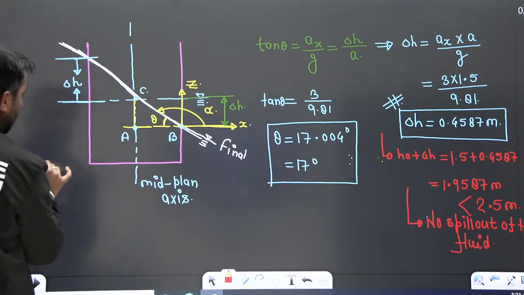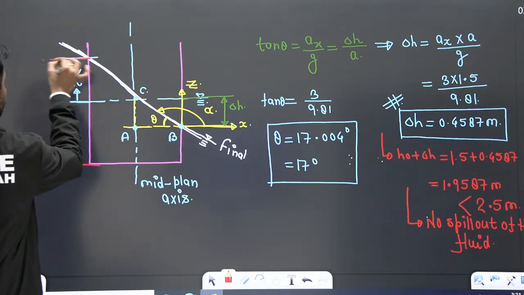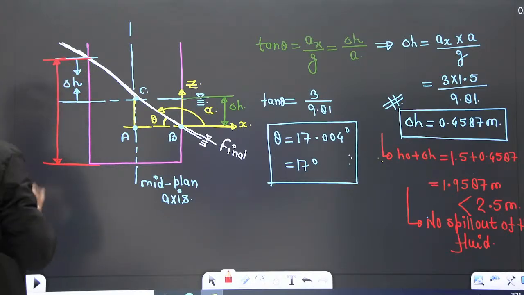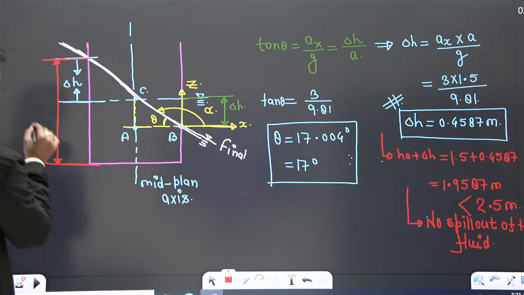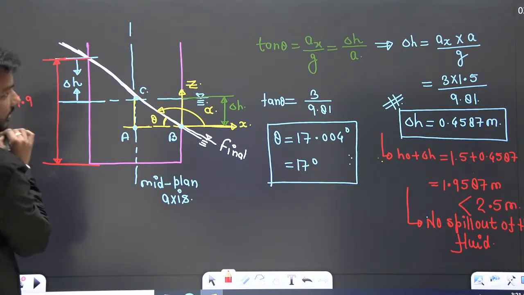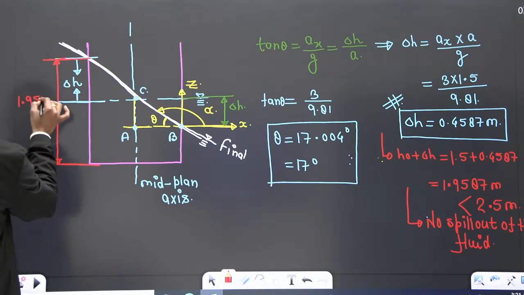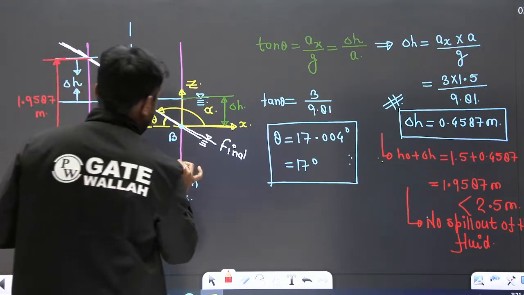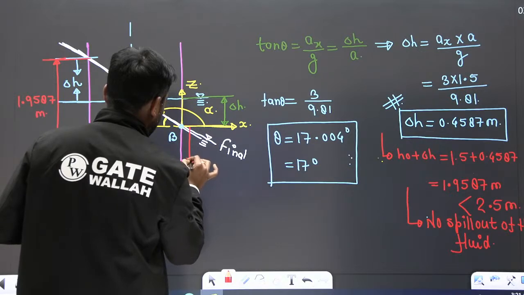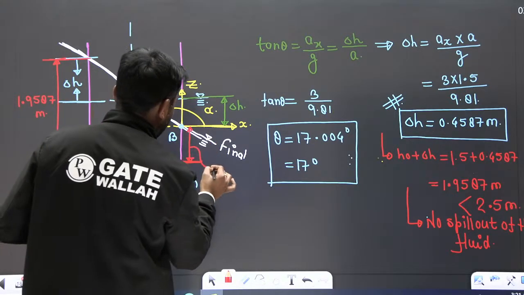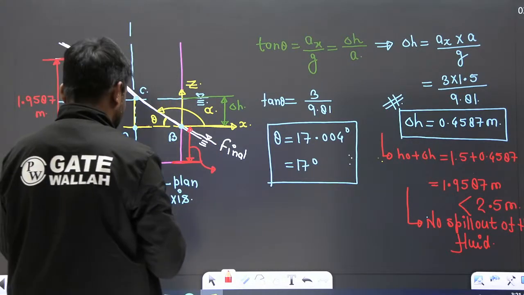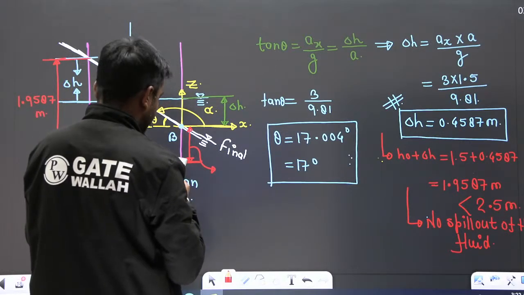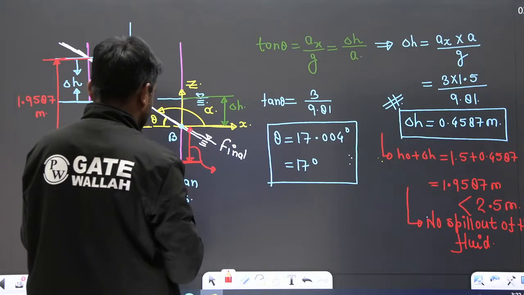Let me just draw. At the back side, this height becomes 1.9587 meter, and this height will become 1.5 minus 0.4587.